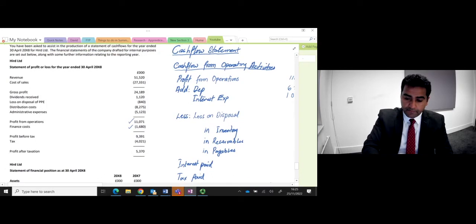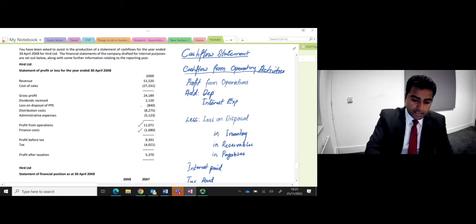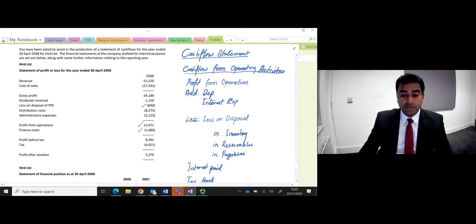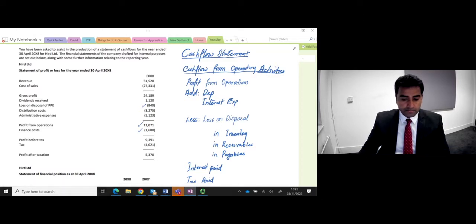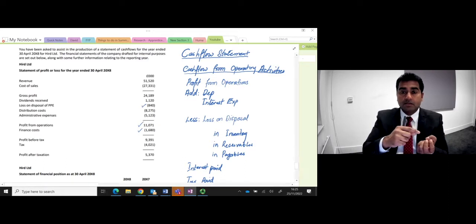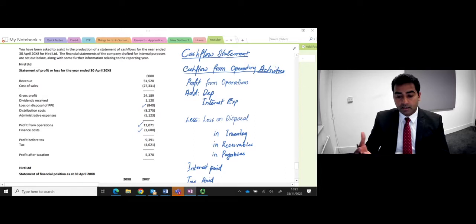Next is if we have recorded any loss or income from the disposal. So I can see that there is a loss which was recorded. So this loss was subtracted, which reduced my profit. So what I need to do is add back this loss to push the profit up, and this is a notional loss, and I've explained in my previous videos that notional loss is actually loss in the books only.